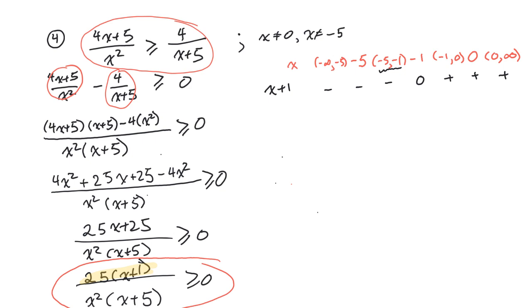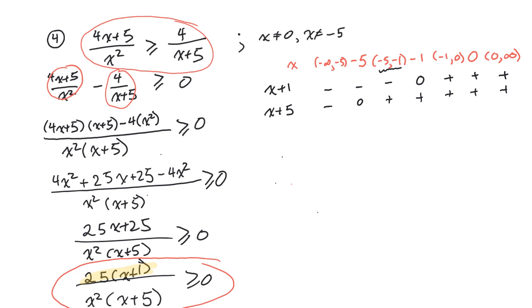And now let's take a look at x plus 5. For x plus 5, at -5, x plus 5 is 0, and it's positive to the right, but negative to the left of -5 for each one of those intervals and points.